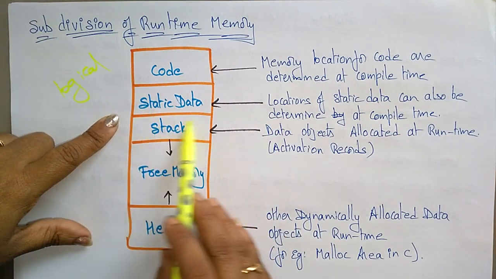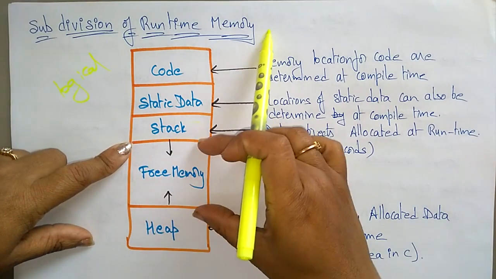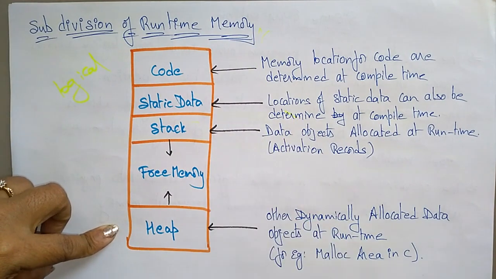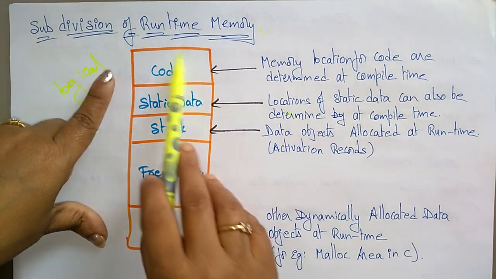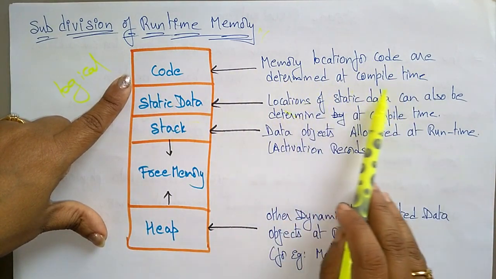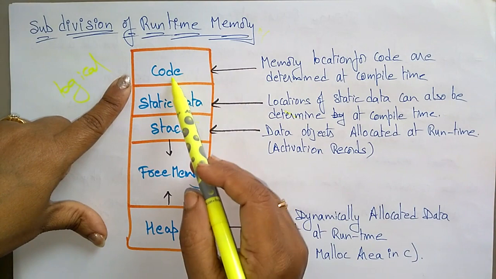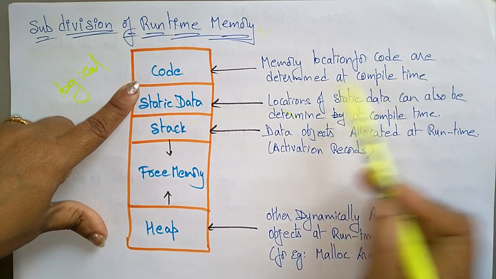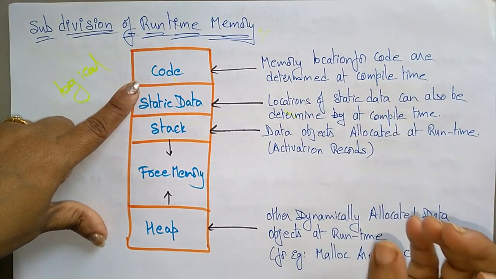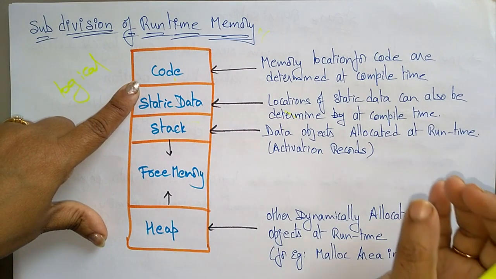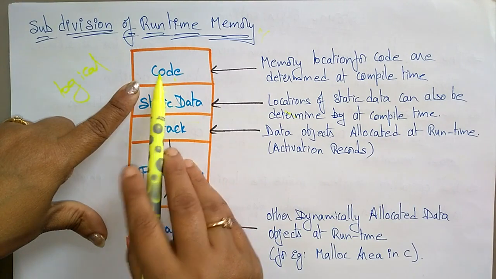The parts are code, static data, stack, some free space, and the heap. What type of information is stored in each block? Memory locations for code are determined at compile time. At compile time, we retrieve the values from particular memory locations, and that information is stored in the code block.